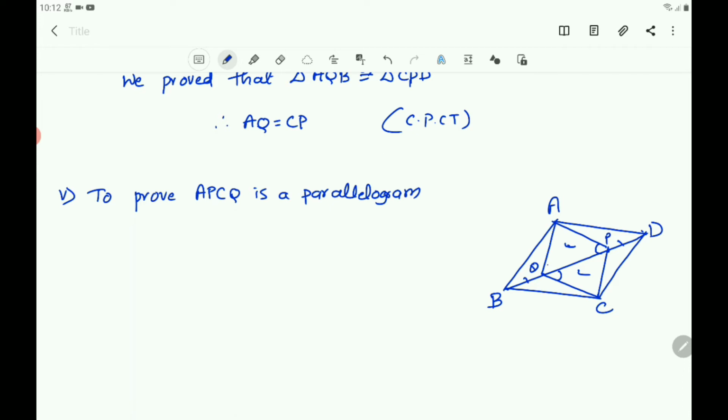and also you will get angle AQP equals angle QPC. As they are alternate angles and they are equal, AQ becomes parallel to PC. As you got the opposite sides parallel, you can conclude that APQC is a parallelogram. So let us write the proof here.